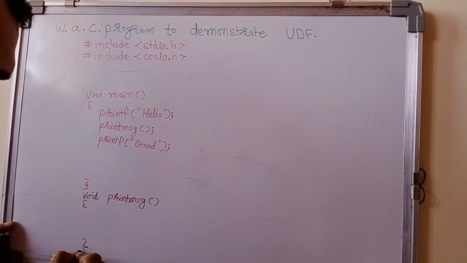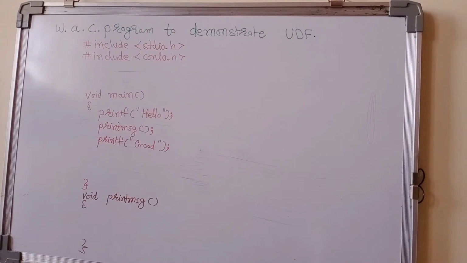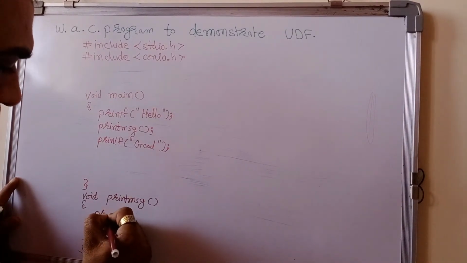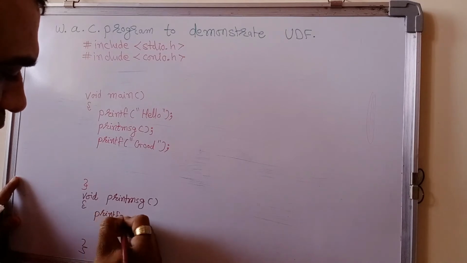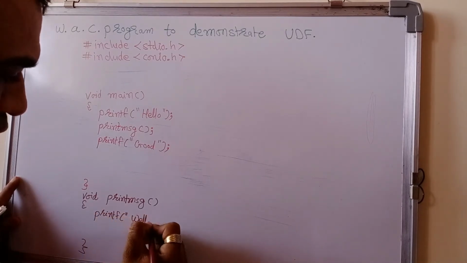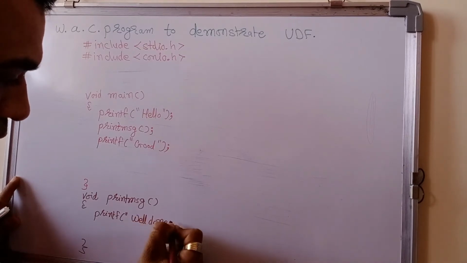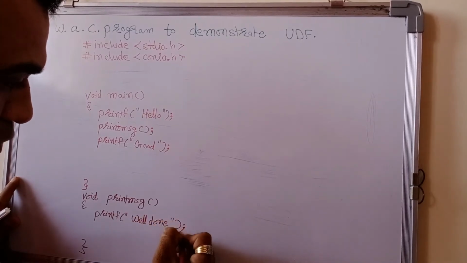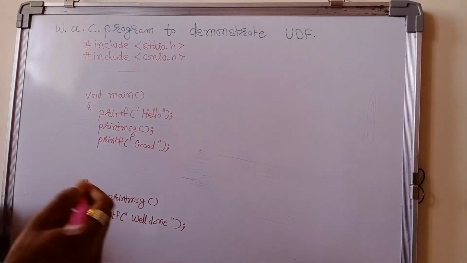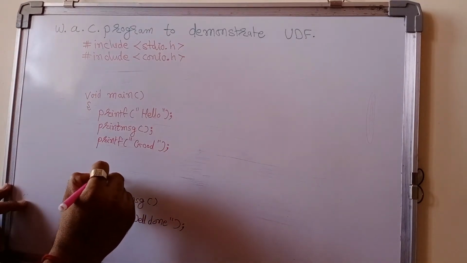Now here we can write down the body of our function. Here I am writing a simple statement. Again, it is a printf and it is well done. And my user defined function is over. And I am finishing the program with getch.